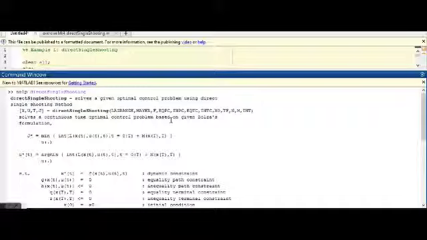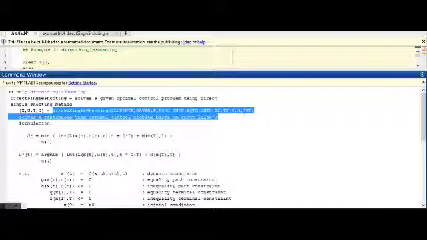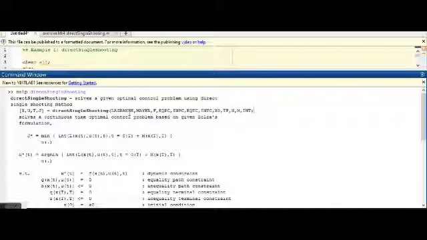U is the discretized control input trajectory, which is the optimal one, the one that we already solved, and T is the time vector, and J is the optimal cost. So you can see it here, X, U, T, and J. Direct single shooting takes lots of variables, so you have to pay close attention to this.